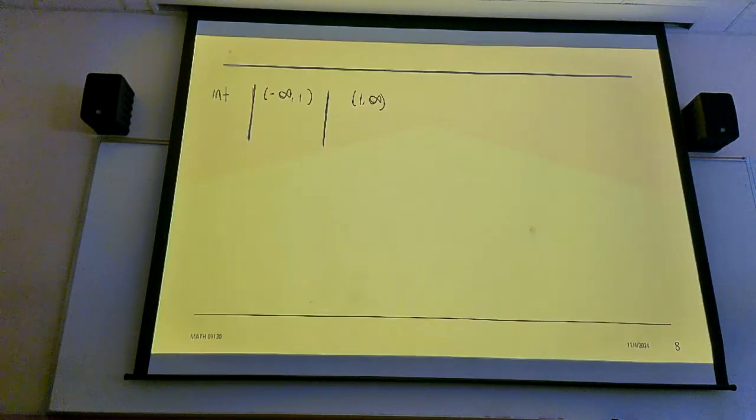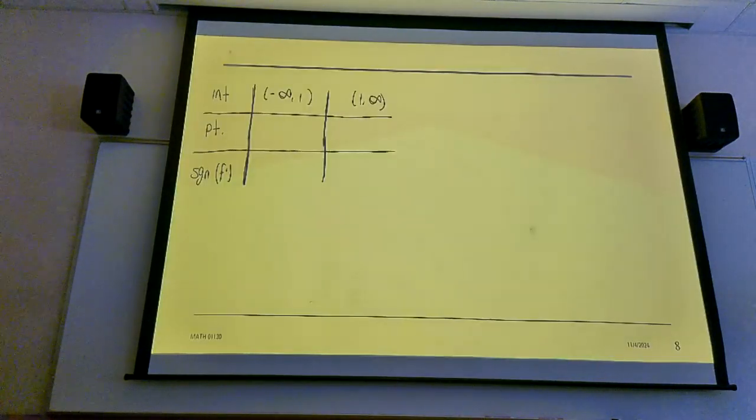Actually, I think we leave something else. I'm going to include a row, at least for now, of the test point. We'll see how long I do that for.